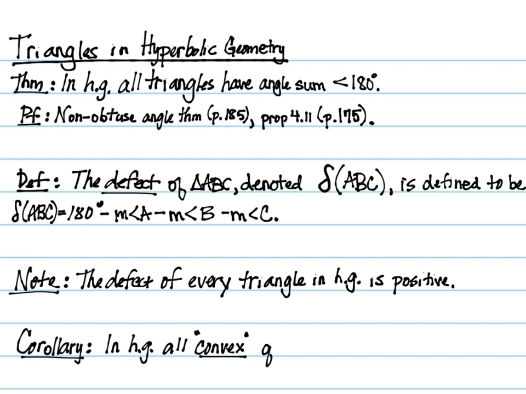Convex quadrilaterals have an angle sum less than 360. So I'm going to prove this, but let me define convex before I prove that, okay?